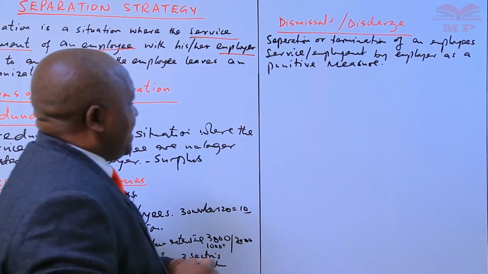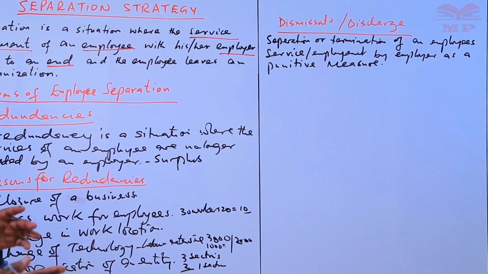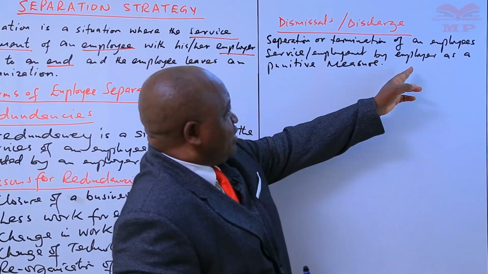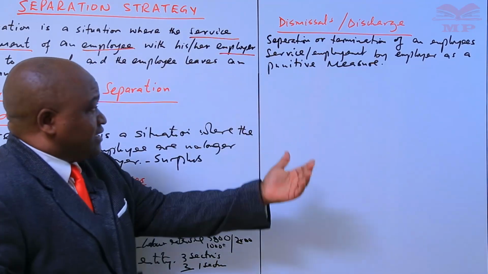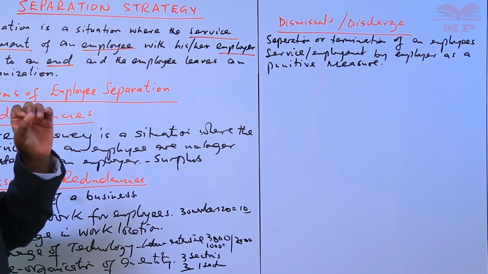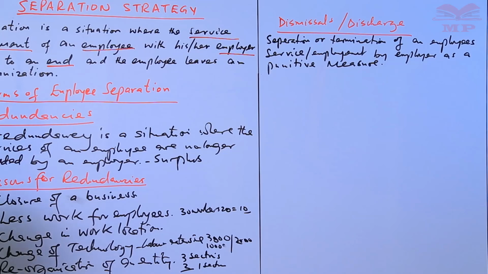What this implies is that this separation is orchestrated by the employer, and it is as a result of an employee not having done something as expected. So some kind of punishment. That's why we are saying it's a punitive measure.